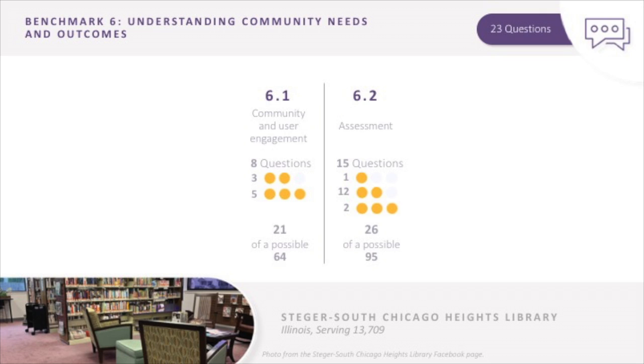Steger's South Chicago Heights Library provides a wonderful example. They took the EDGE assessment and used it to address and improve upon their digital skill offerings. The library used their EDGE results as the first step in a community needs survey for digital inclusion. Once they collected and analyzed the survey information, they used it to build low or no-cost programs around these goals.